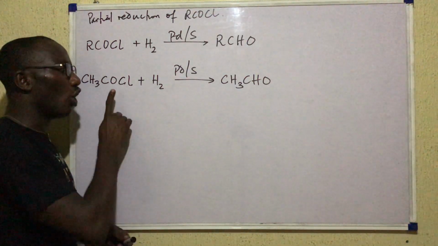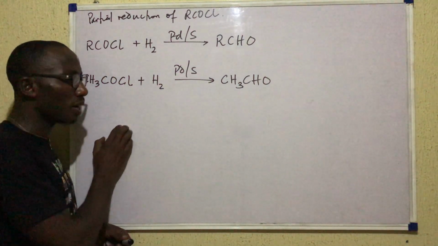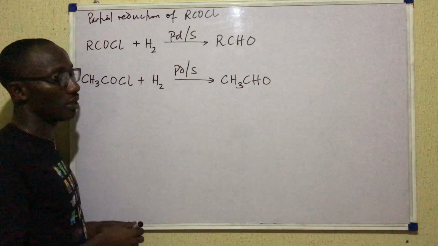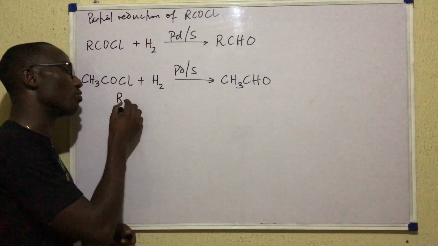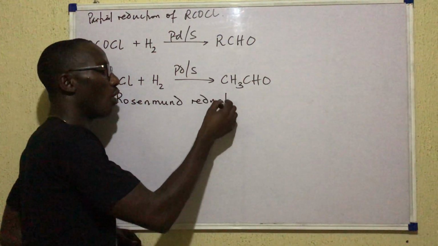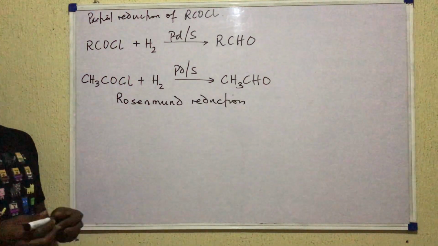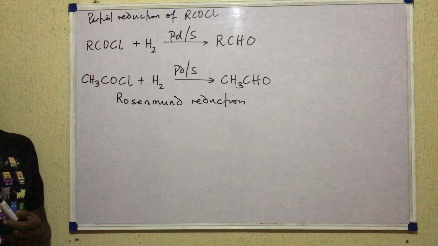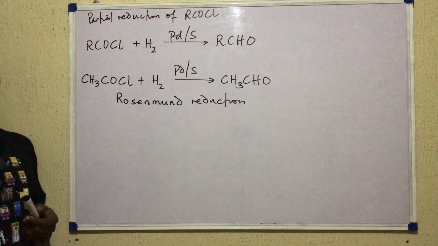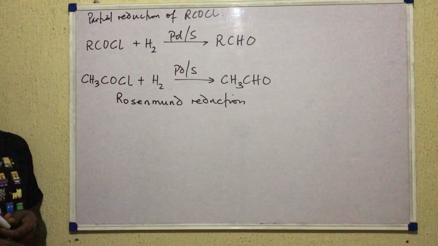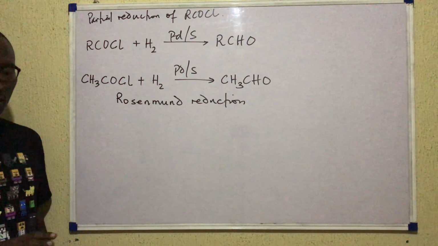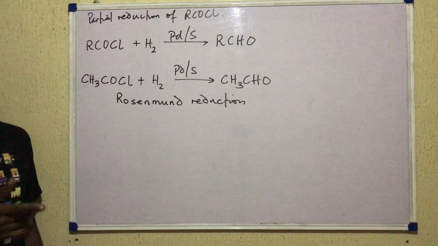This method of reducing acid chlorides partially using hydrogen, a palladium catalyst, and poisoned with powdered sulfur is called the Rosenmund reduction. So Rosenmund reduction of acid chlorides involves reducing acid chlorides halfway or partially using hydrogen and then a palladium catalyst and in the presence of sulfur. So this is one way of getting alkanals, just alkanals. This method cannot be used to make alkanones.